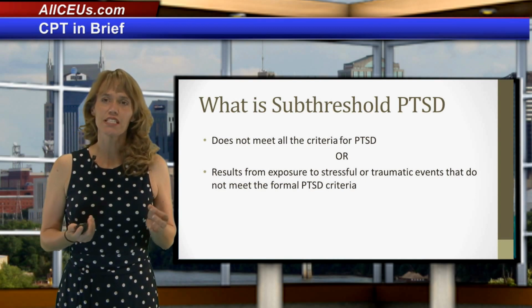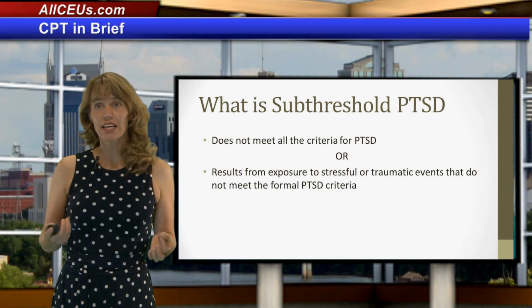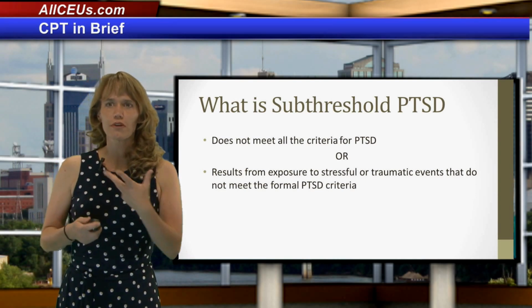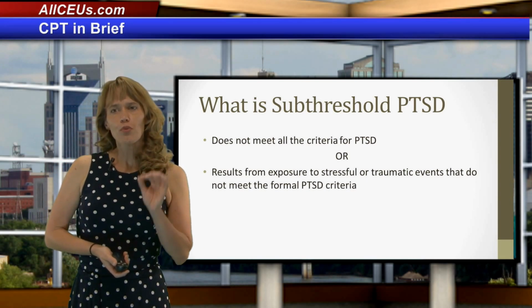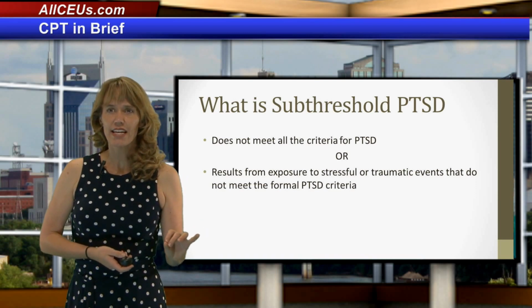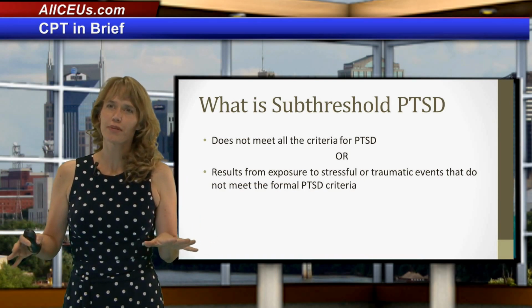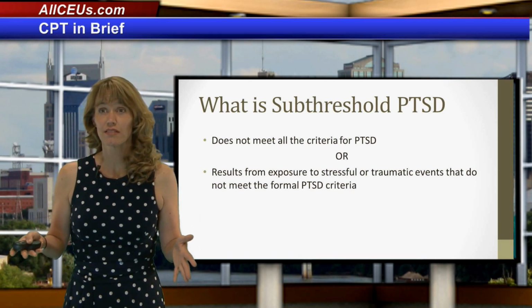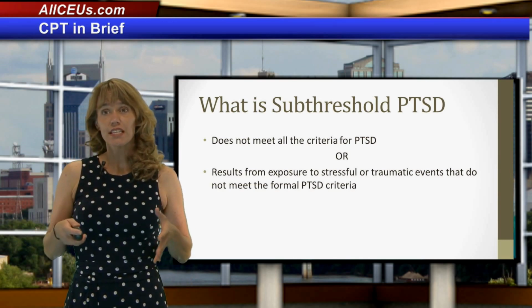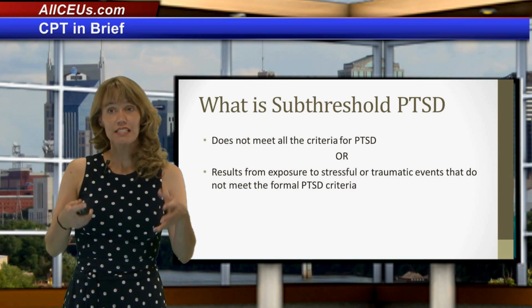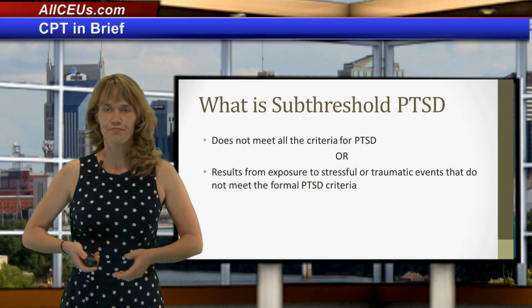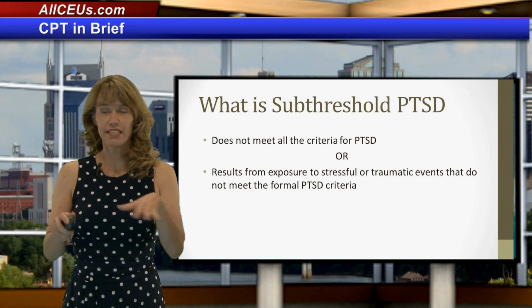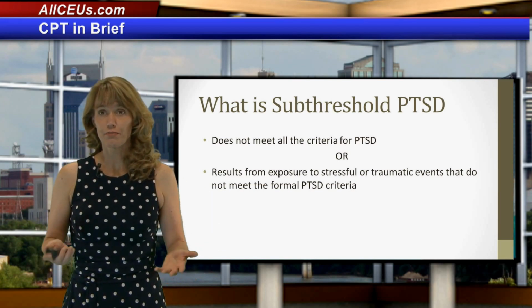And any of these symptoms can be really debilitating if it's uncontrolled or if the person doesn't understand what it's trying to tell them to do. So one of the things we need to look at is, again, stay away from getting too hooked on labels. If somebody is presenting with symptoms that seem to be relatively disturbing to them, and they fall in this PTSD range, then we need to treat them.